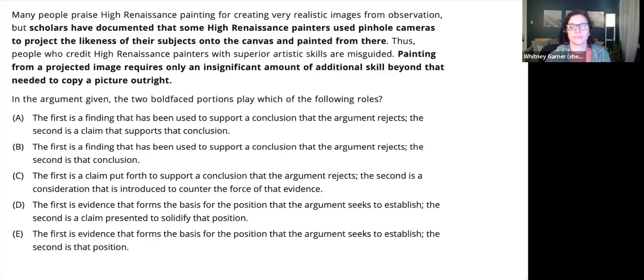This one's tricky, huh? I've only got one guess in so far. So let's start first with whether the bolds can help us get rid of anything, whether these two bolds are facts or beliefs.